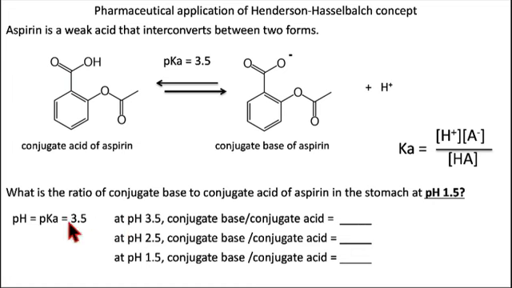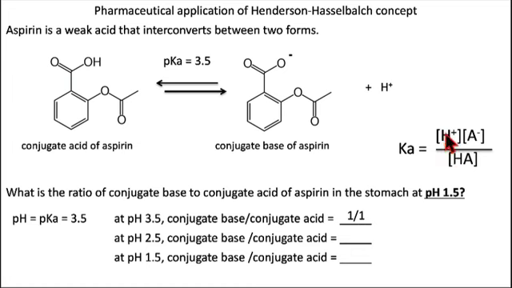So let's look at that. We said that if the pH were 3.5 to match the pKa, there's a ratio of 1 to 1. What if it were 2.5? Please give me that ratio. Remember that if pH equals pKa, that means that H+ equals Ka. So if the protons equal the Ka, you could divide both sides by protons, you get 1 equals A- over HA.